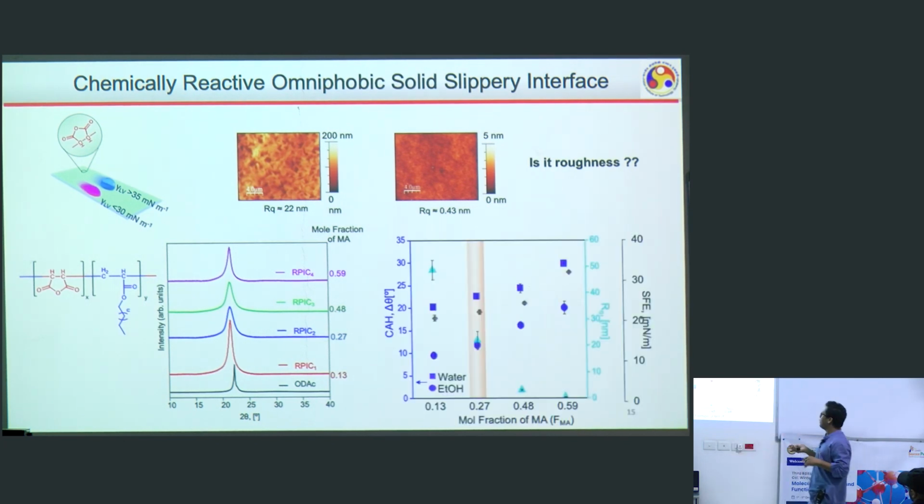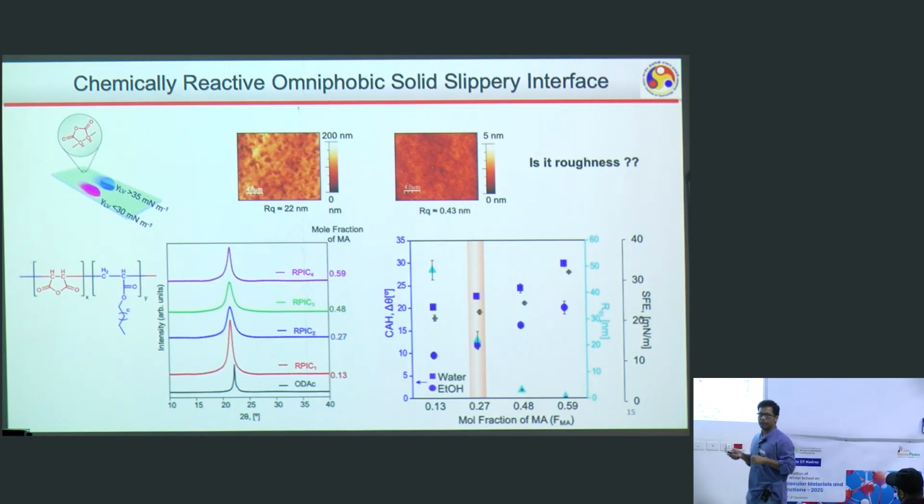Once you have that, we have a pool of these coatings. We tried to examine the roughness and surface energy of the resultant coatings. And then we started looking at the contact angle hysteresis. We found that contact angle hysteresis is basically getting enhanced after some point, and that is the trend.